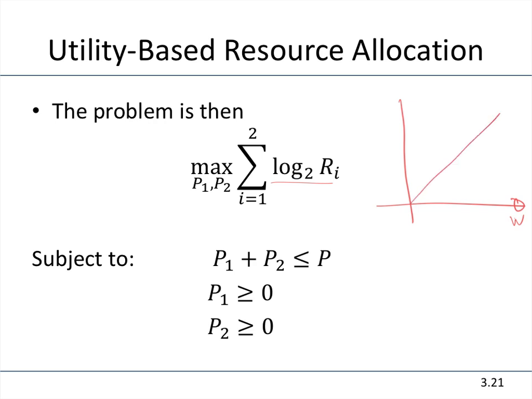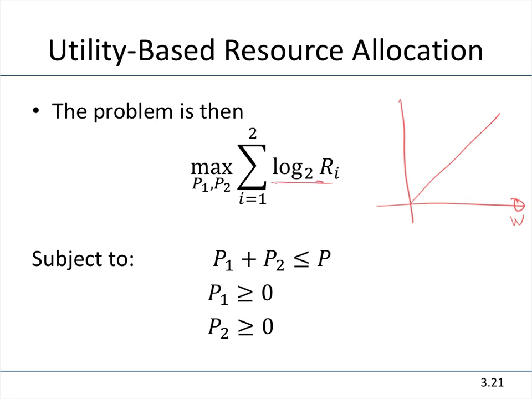So this means that by provisioning more bandwidth, Ri will increase with the same proportion. And this increase will keep going forever. By assigning more bandwidth, you get more R. It's proportional, linear.